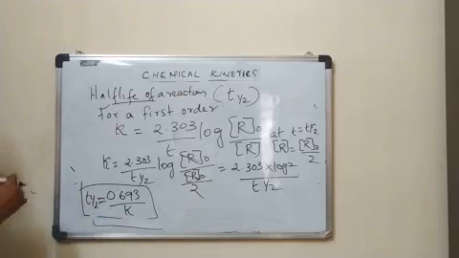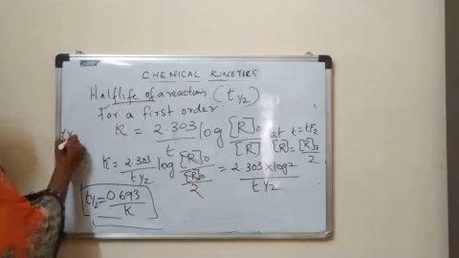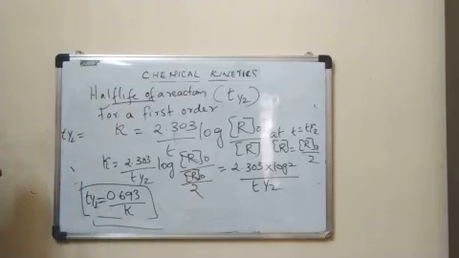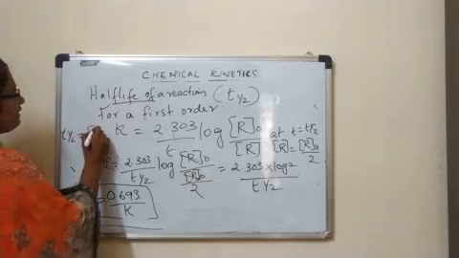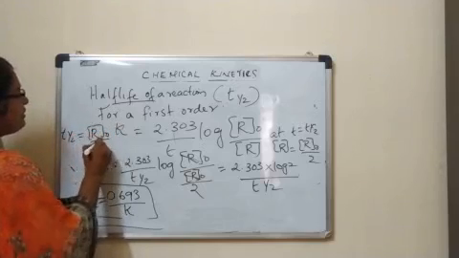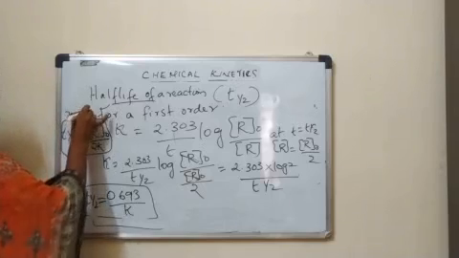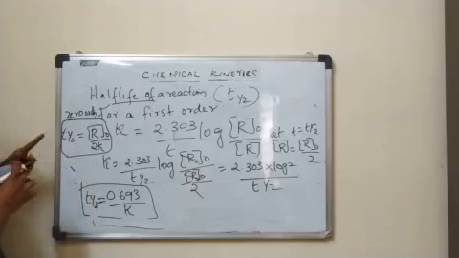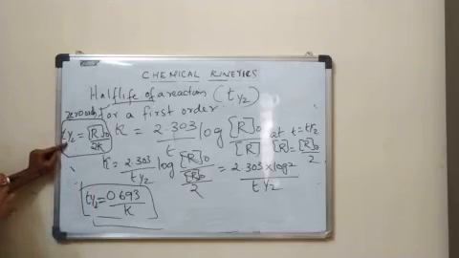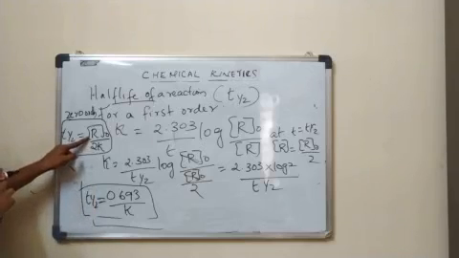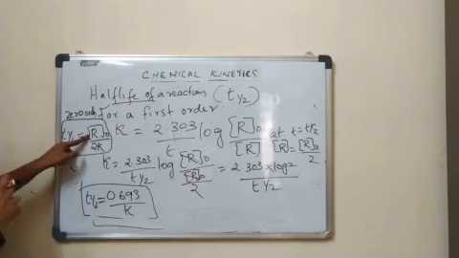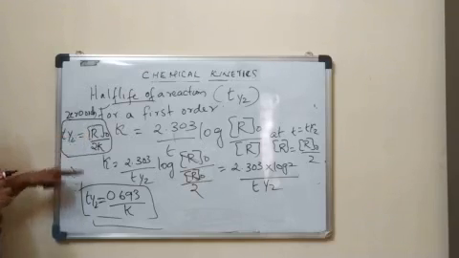So we can see that for a zero order reaction, t half is equal to R0 by 2k. These two equations are very important. From this equation we can see that for a zero order reaction, the half-life period is directly proportional to the initial molar concentration of the reactant, because the other two are constants.